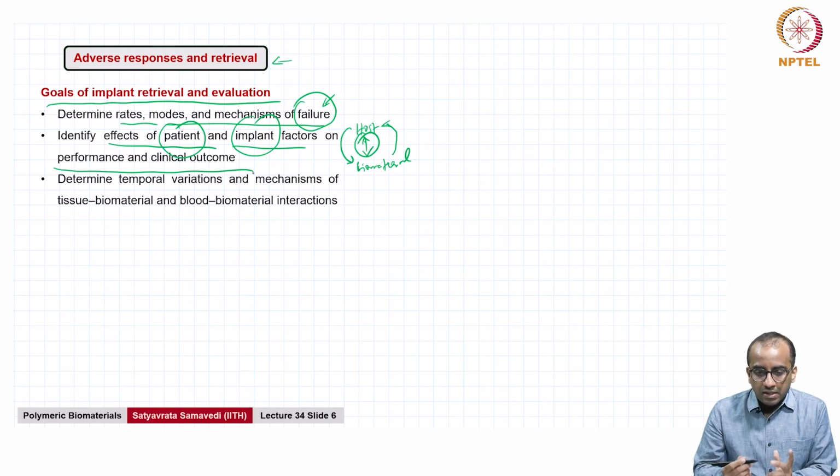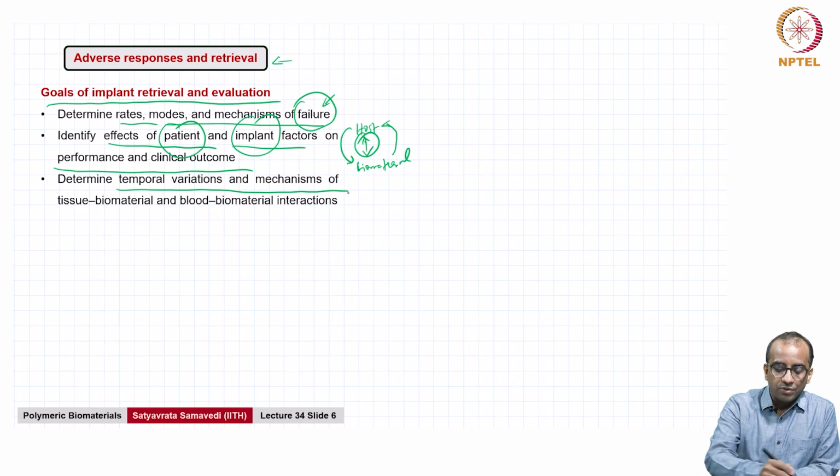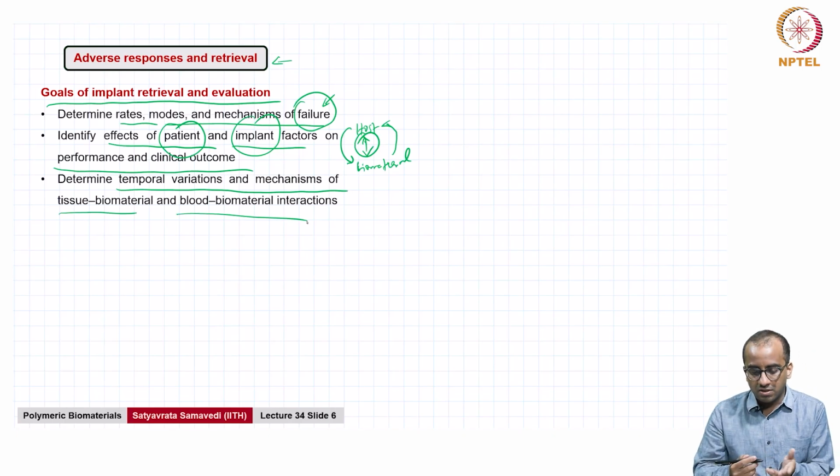And the other thing that should be considered as far as evaluation of failure is concerned is any temporal variations in mechanisms of both tissue biomaterial and blood biomaterial interactions. We spent an entire lecture, lecture number 32, looking at blood biomaterial interactions, particularly thrombus formation. So, all of this has to be continually monitored.